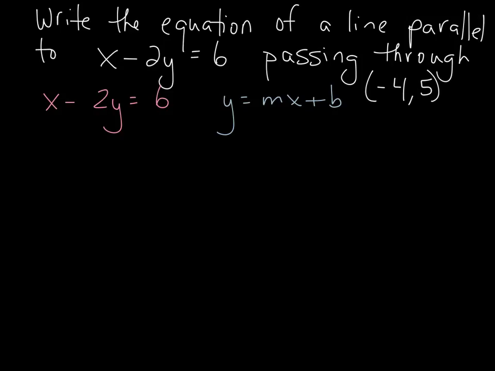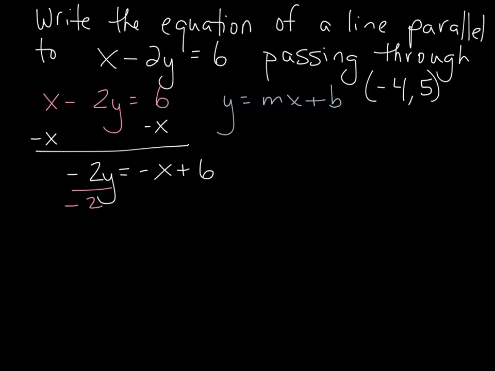So to do this, then I need a minus x on both sides, and you guys are getting really, really great with doing that. So then I get -2y is equal to either -x plus 6 or 6 minus x. As you know, it doesn't matter. Next step, I want to divide everything by -2, and you guys are rocking it out at this. And so then you're left with y is equal to a positive 1/2 x, or x over 2, minus 3.